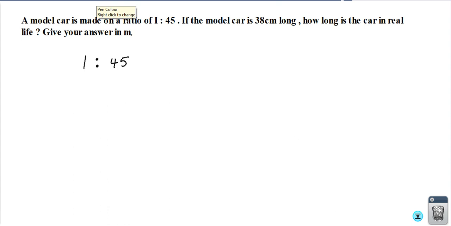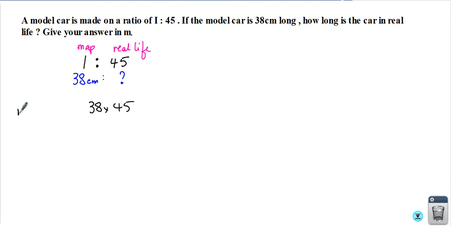So 1 is distance on the map, 45 is the real life distance. Always write it down so that you won't forget. Now, the model is 38 centimeters. The model is not the real life. So the model is 38 centimeters. How much is that in real life? So we need to multiply 38 by 45. So the real life car is 38 by 45.